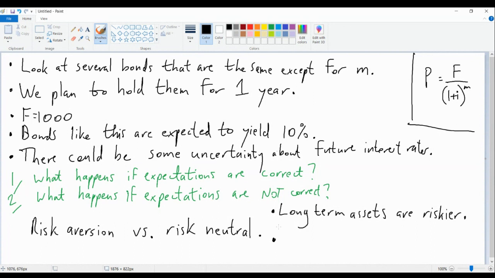And the particular kind of risk that we looked at was about fluctuations in alternative interest rates. That is known as interest rate risk, because economists are so original at coming up with names.